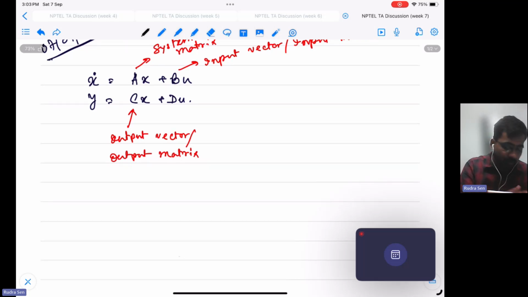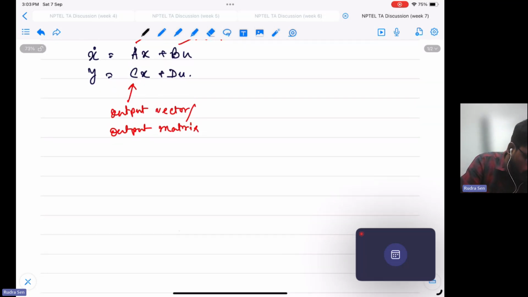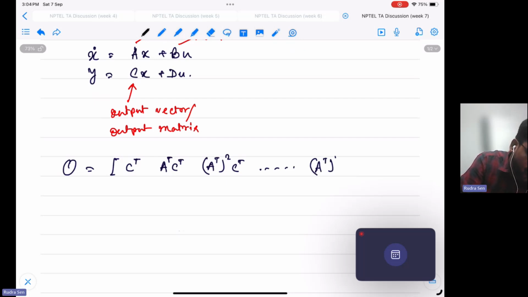In case of observability, we check an observability matrix. Let's denote it as big O, and it is C transpose, A transpose C transpose, A transpose square C transpose, and in that way up to A transpose to the power n minus 1 C transpose.